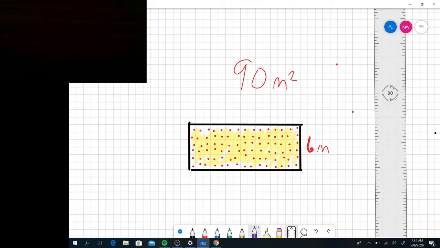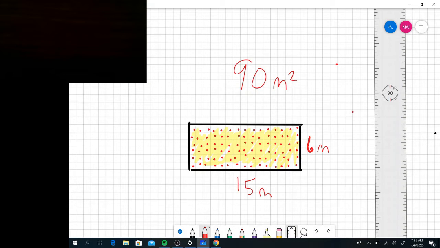We know that on this one side it's 6 meters. On the bottom side, it's 1, 2, 3, 4, 5, 6, 7, 8, 9, 10, 11, 12, 13, 14, 15 meters. So really what this is, is 15 groups of 6.